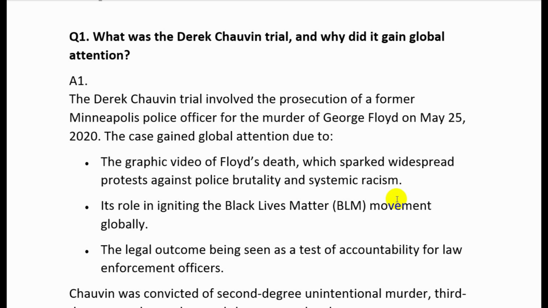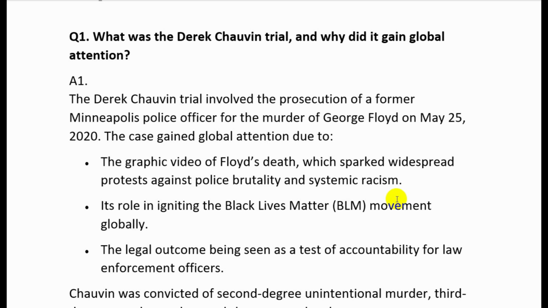The case gained global attention due to the graphic video of Floyd's death, which sparked widespread protests against police brutality and systemic racism. Its role in igniting the Black Lives Matter (BLM) movement globally. The legal outcome being seen as a test of accountability for law enforcement officers.